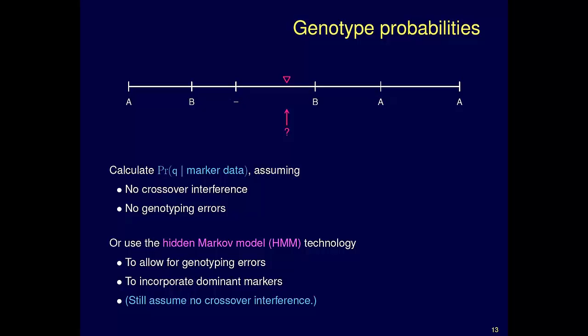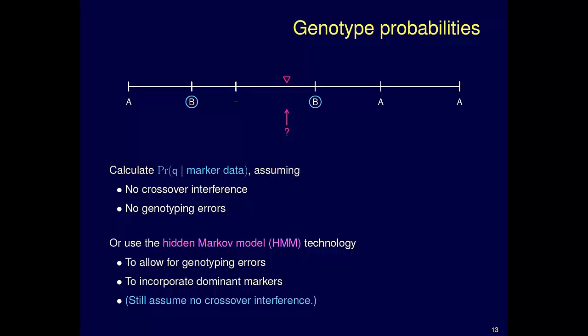So for this individual, A, B, missing, B, A, if I assume no genotyping error and no crossover interference, I just look at the two nearest flanking typed markers and ask, given that there was no recombination event in the broader interval, what is the chance that there was a double crossover versus not?